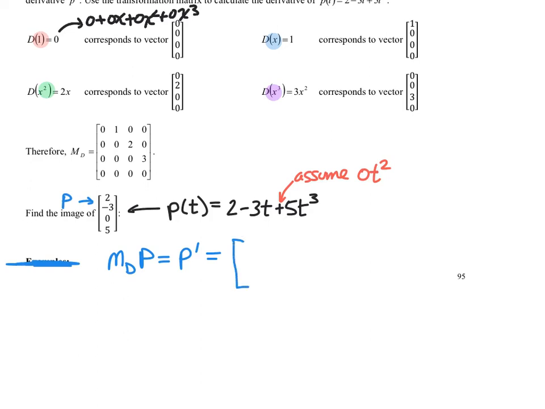MD is 4 by 4, P is 4 by 1, so the result should be 4 by 1.